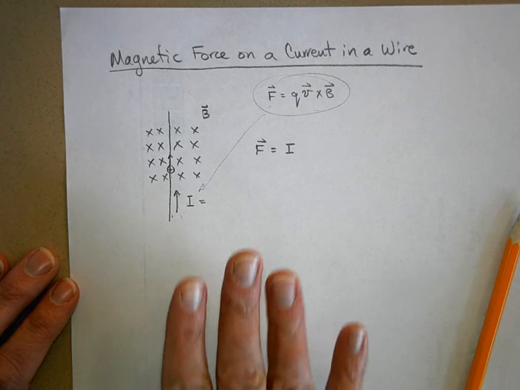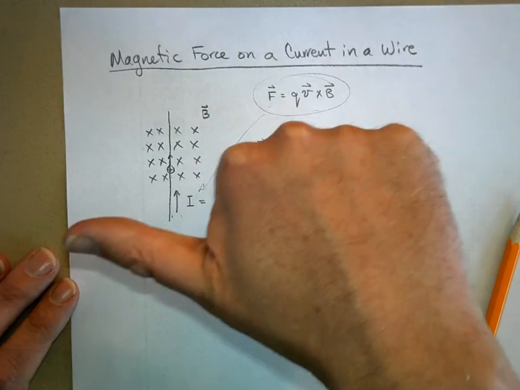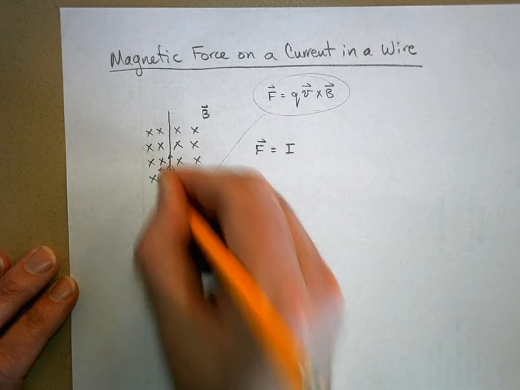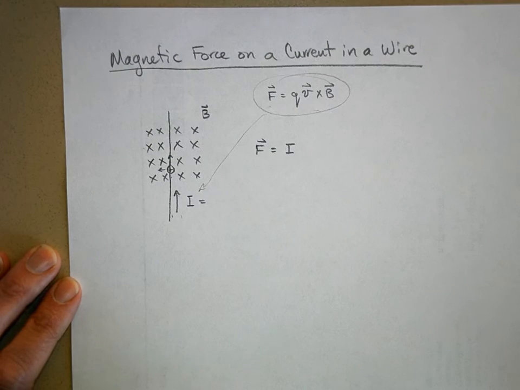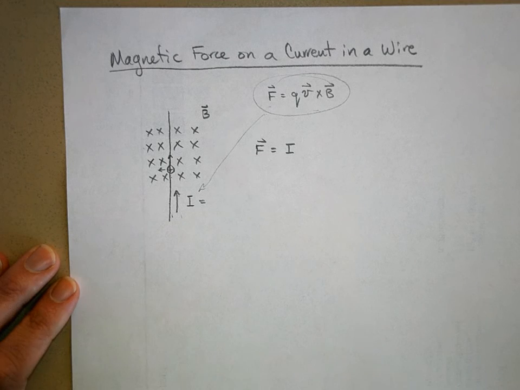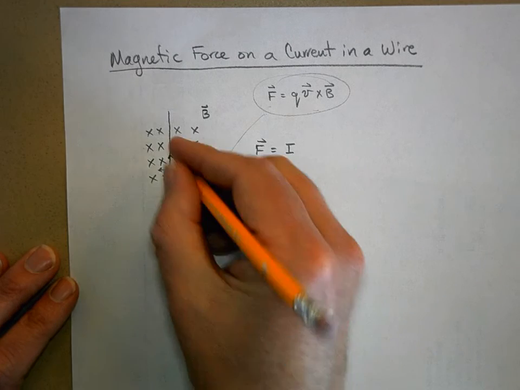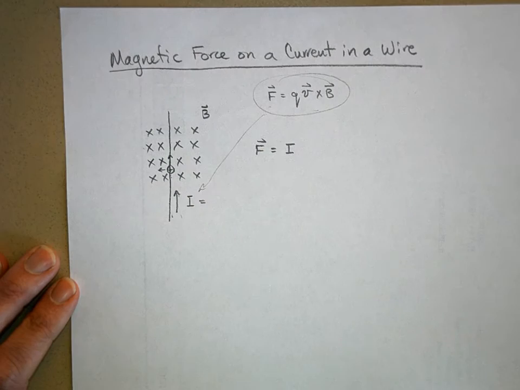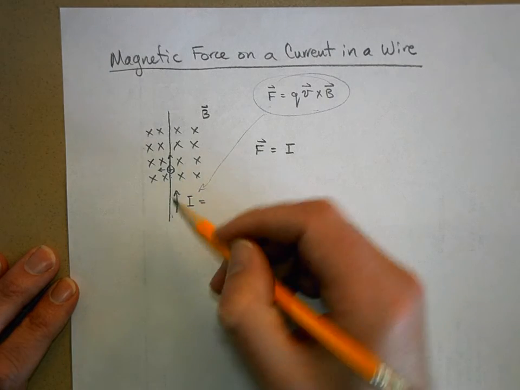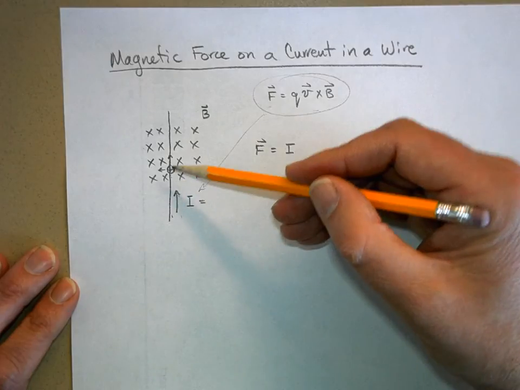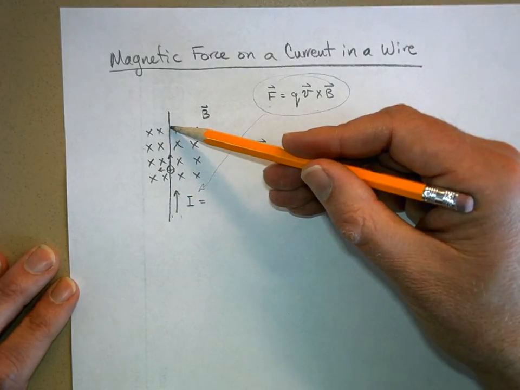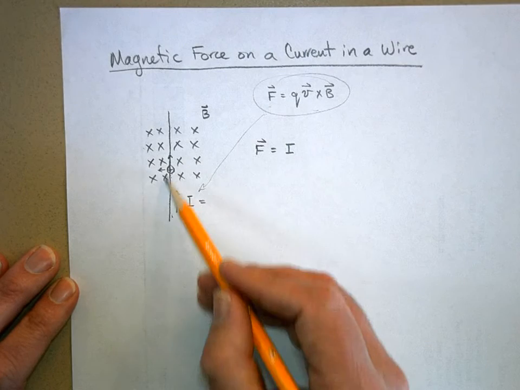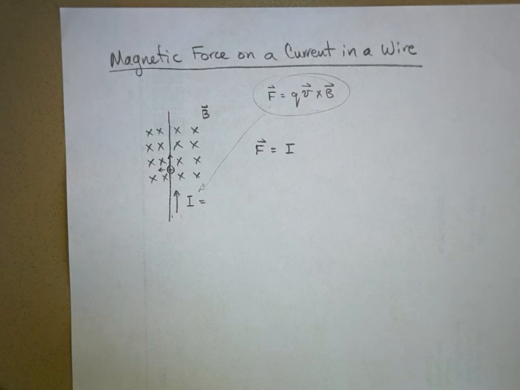You go V cross B, it's going to be a little tiny force to the left. Does everybody agree with that? But there's zillions of these, literally zillions, of little moving charged particles with this drift velocity in the wire. Well, when you add all those forces up, you get the total force on the wire.